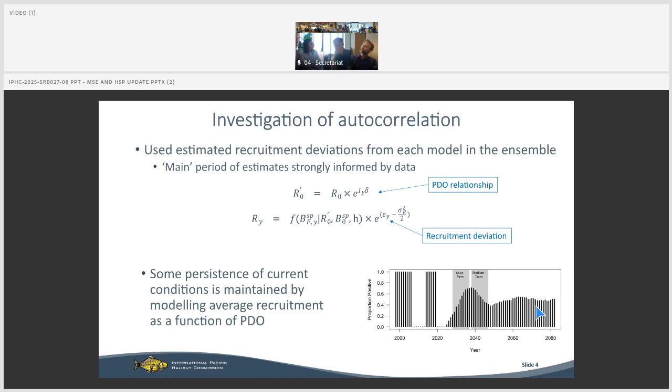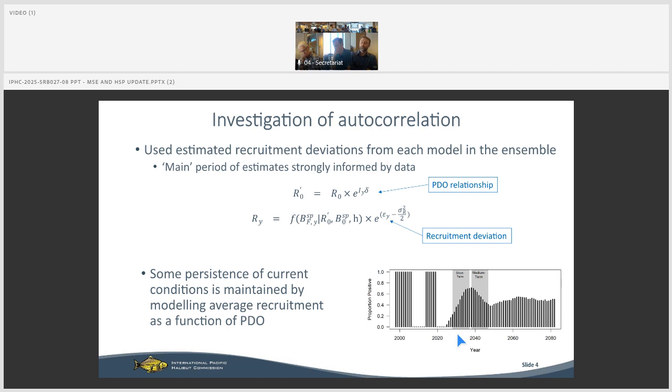But the point here is that in the short term, there's still some effect of previous years coming into the average recruitment. So I think this modeling method tries to get at a little bit of predicting what might happen with average recruitment in the near term. And I think that's addressing that request a little bit, but not completely.